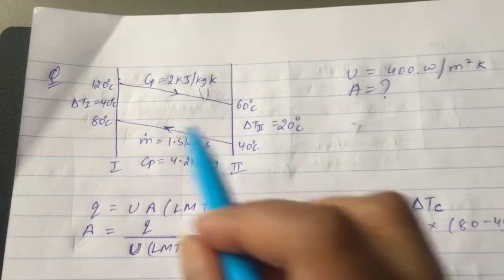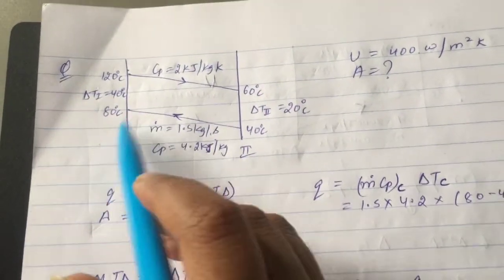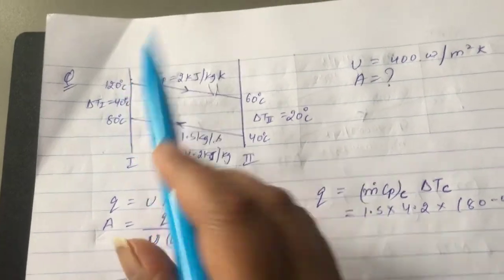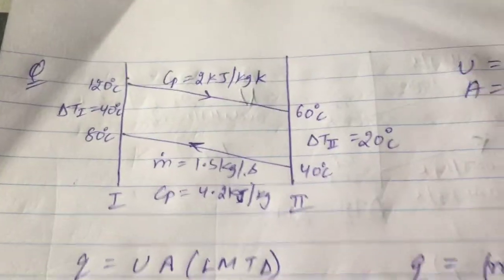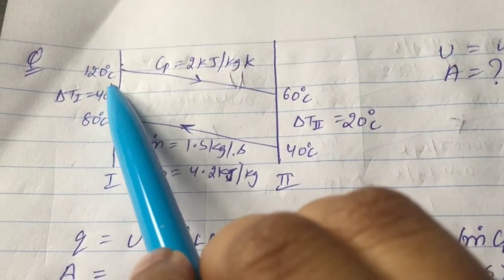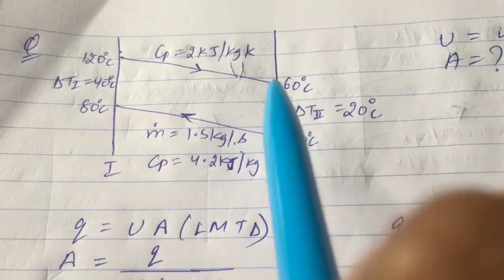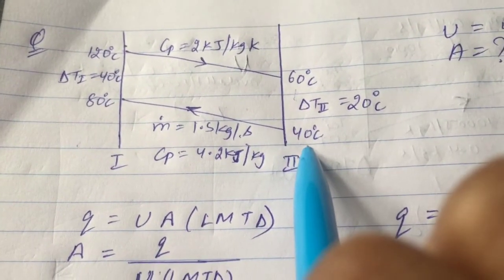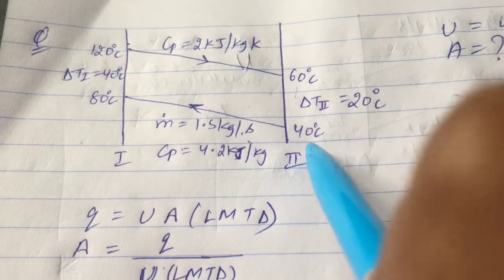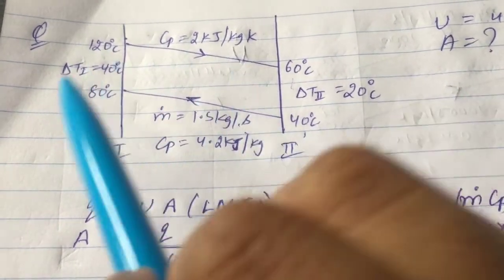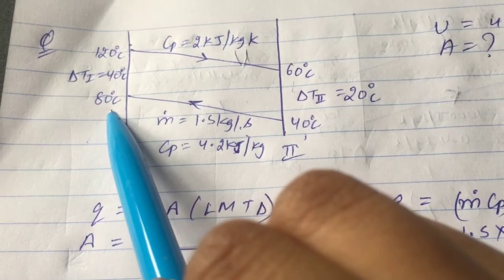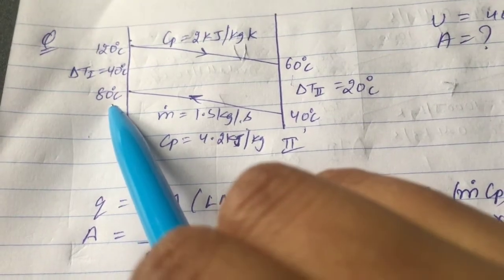Next question is counterflow. Again, hot fluid inlet is given as 120 degrees Celsius and outlet is given as 60 degrees Celsius, and cold inlet is 40 degrees Celsius and cold outlet is 80 degrees Celsius.